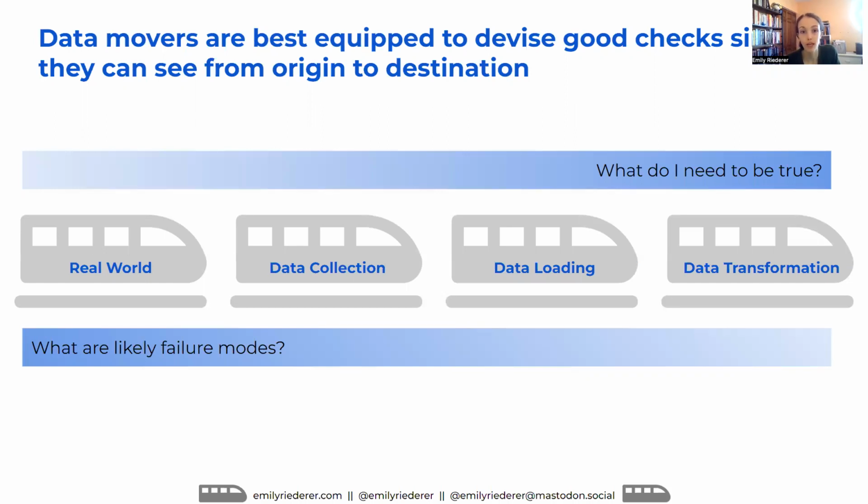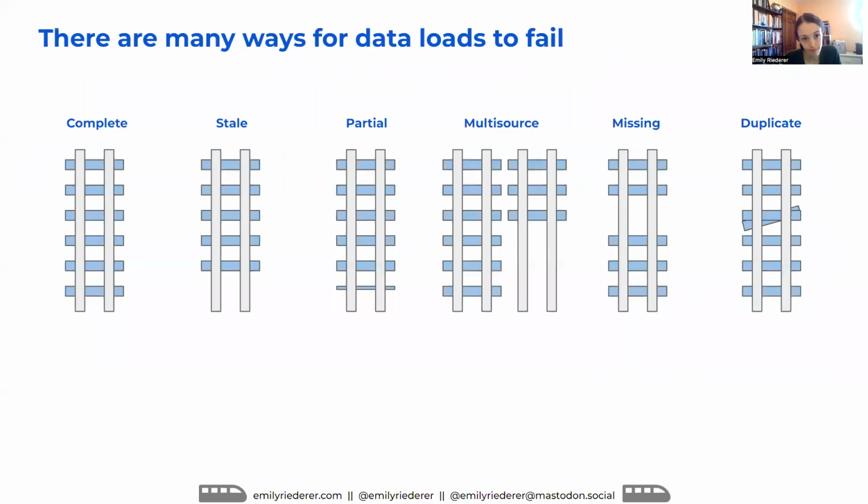Along this process, I think we need to always ask two key questions. First, in that last mile of transformation, what do you need to be true of your data to trust it for your analysis? And based on that, what are the likely failure modes at any of these steps higher in the process that could prevent these things from being true?